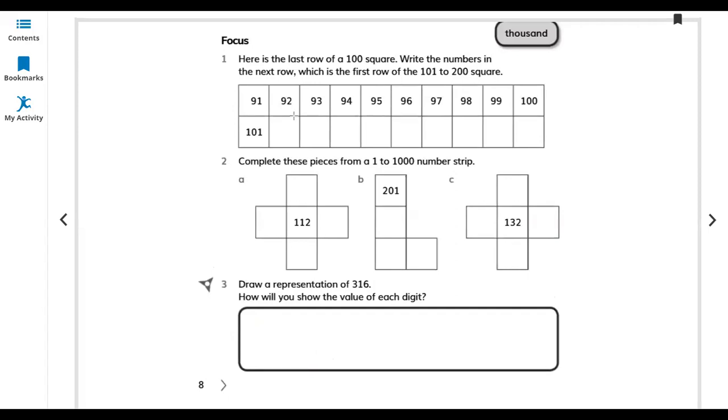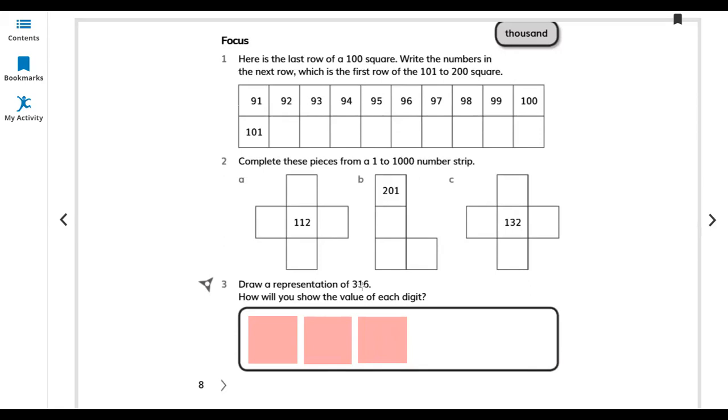This is a box, so this is 100, 200. I'm not making the small bars. This is 200. This one is 300.